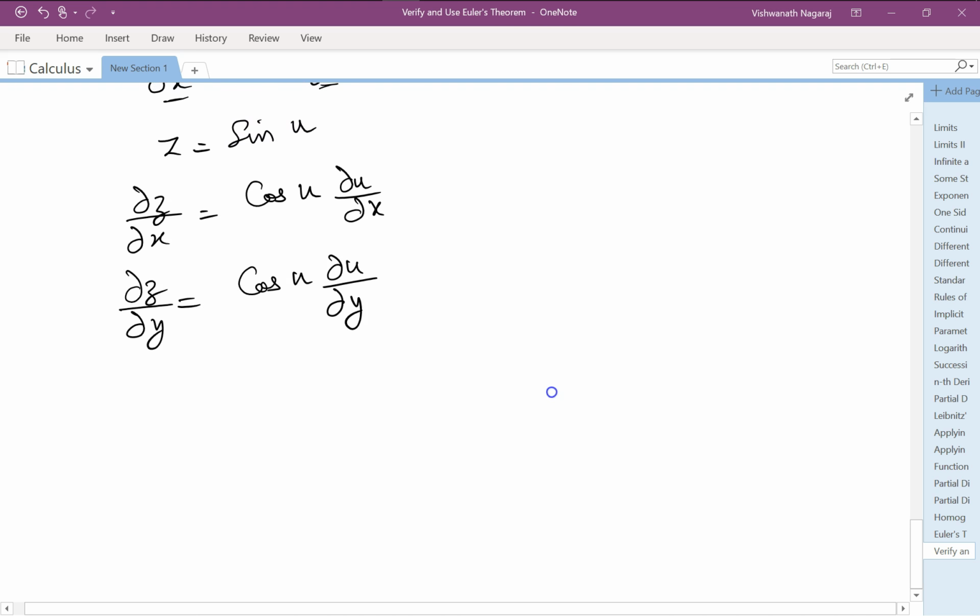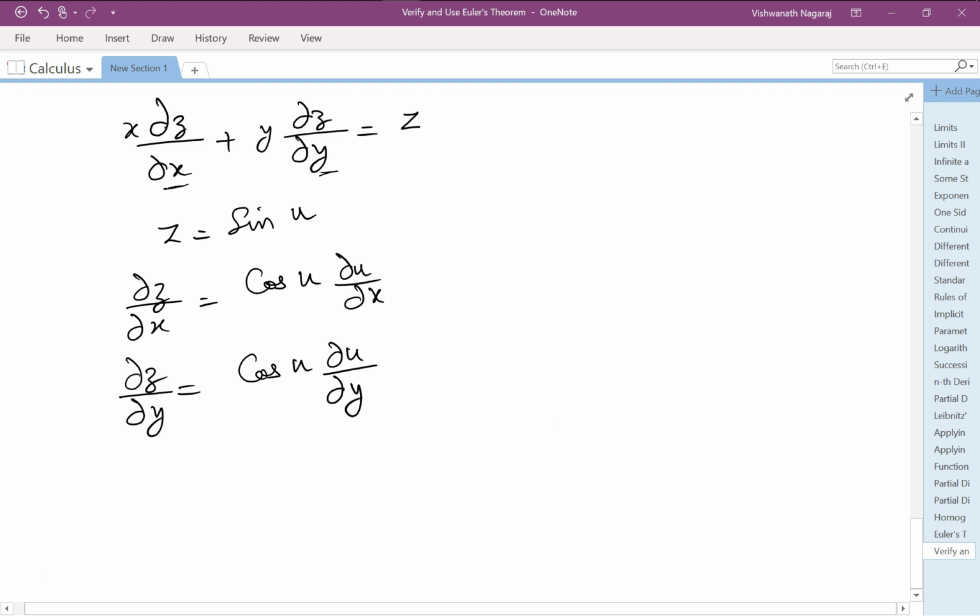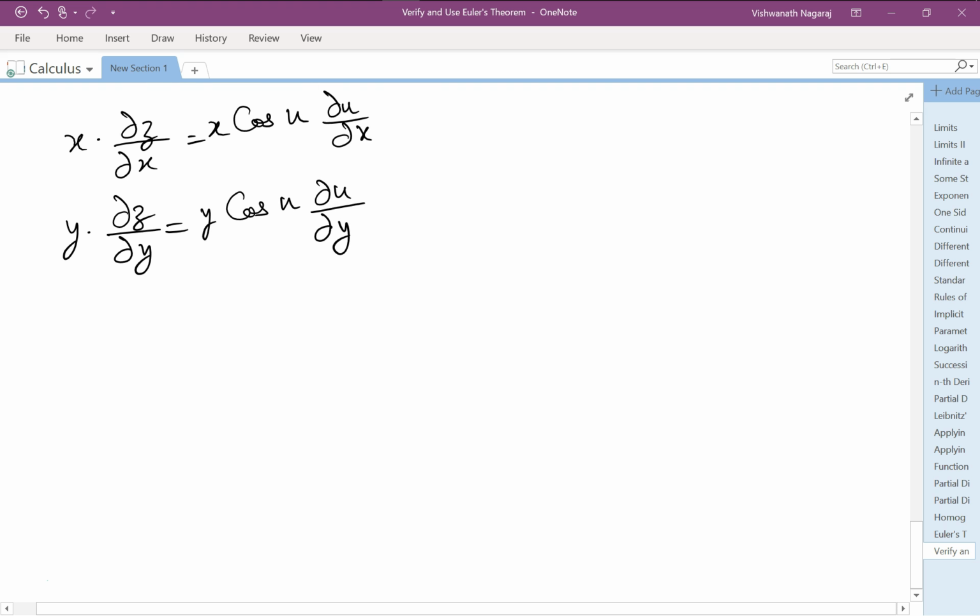So we have got dou z by dou x, which we multiply by x, and dou z by dou y, which we multiply by y. So this becomes x cos u dou u by dou x, and y cos u dou u by dou y. Now we add these two. We get x cos u dou u by dou x plus y cos u dou u by dou y, which is equal to z, and z is nothing but sine u.